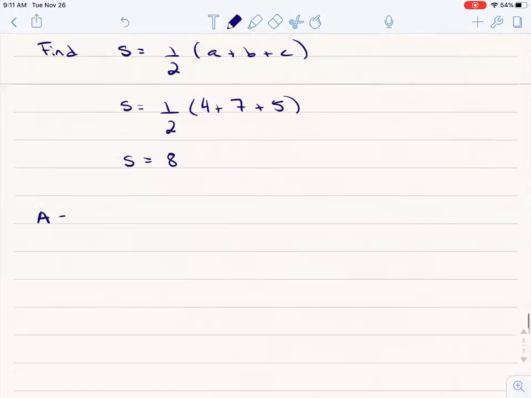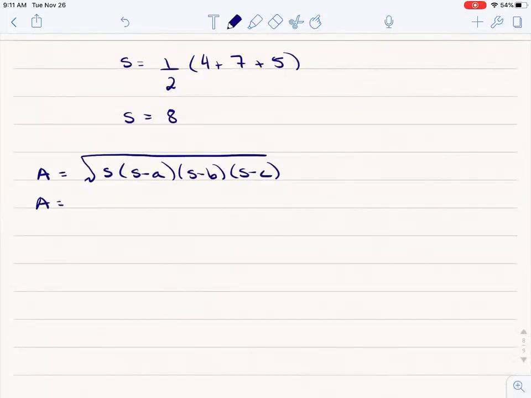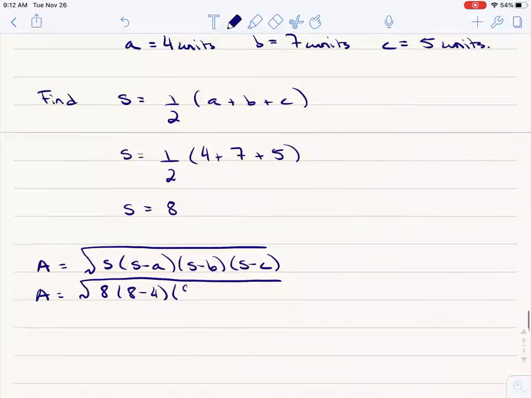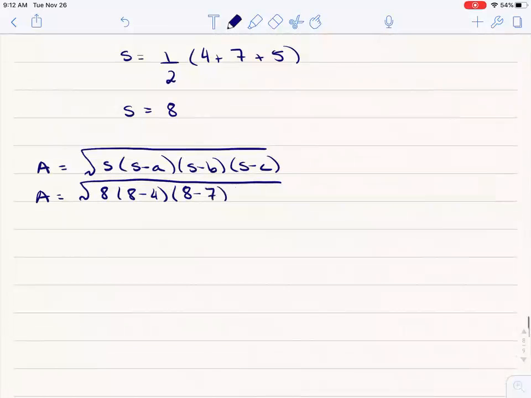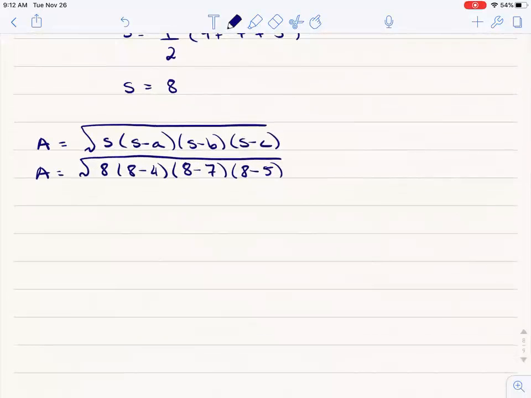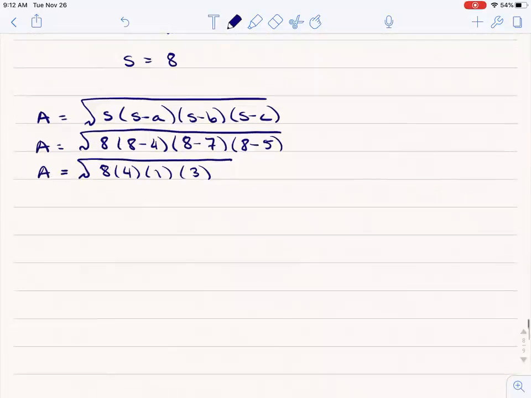So A is the square root of S times S minus A times S minus B times S minus C. So A then must be the square root of 8 times 8 minus A, which is 4, times 8 minus B, which is 7, times 8 minus C, which is 5. So A is the square root of 8 times 4 times 1 times 3, which is the square root of 96.